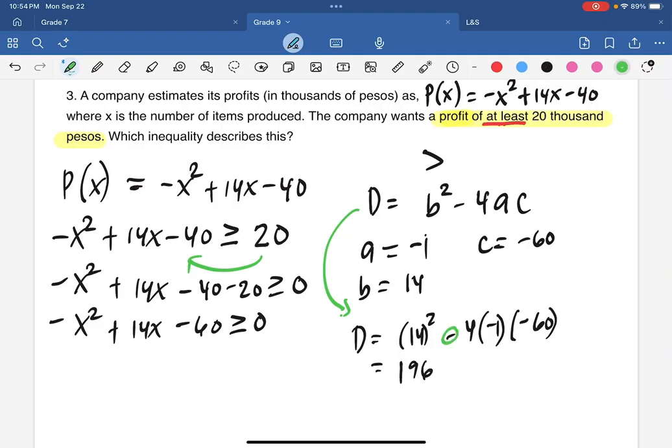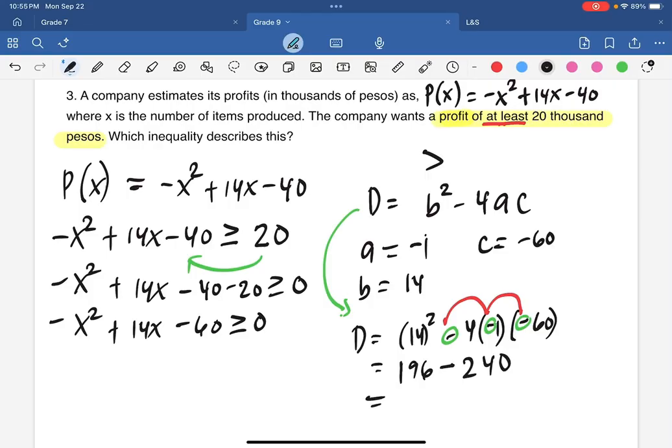Negative times negative times negative is negative, because negative times negative is positive, but positive times negative is negative. So minus. So 4 times 1 times 60 is 240.